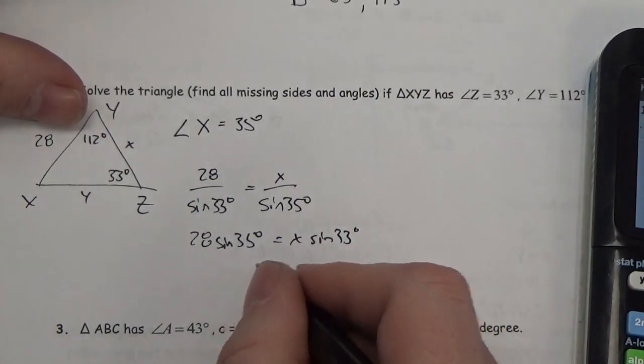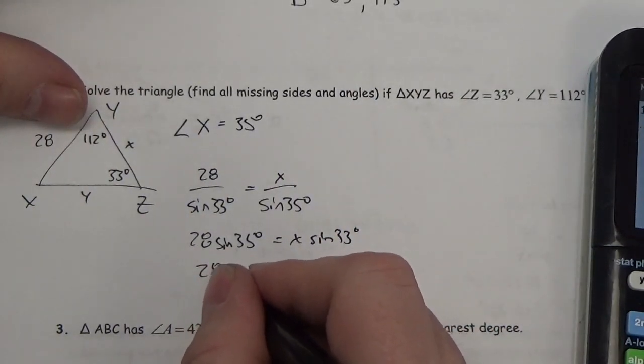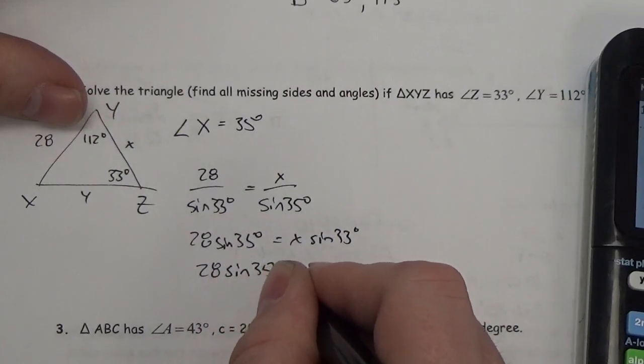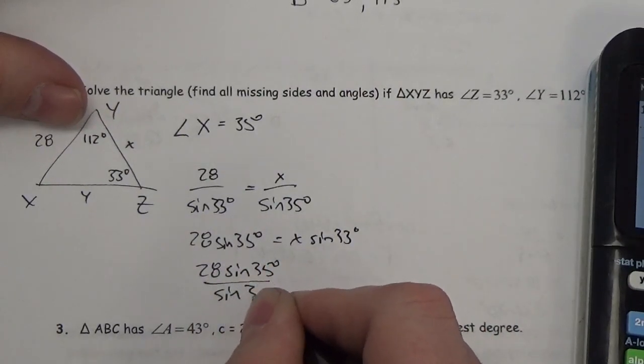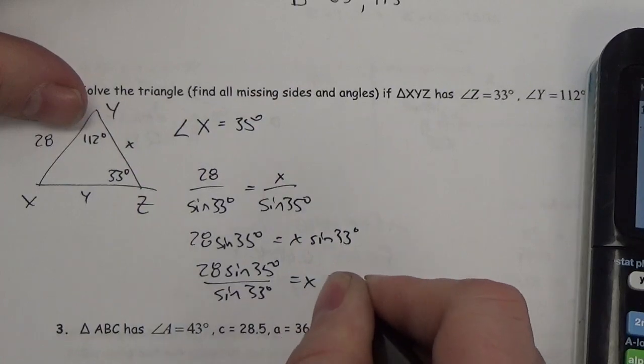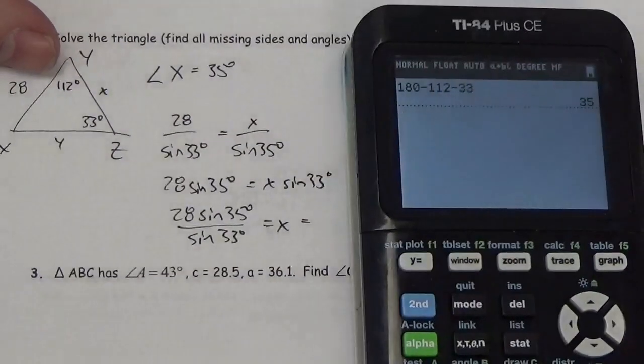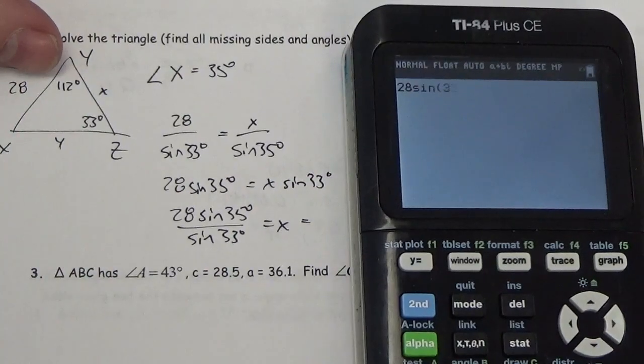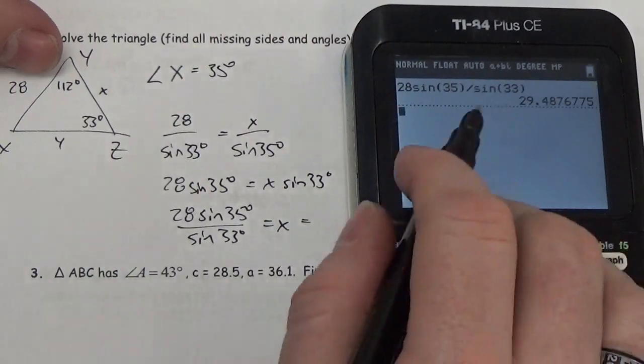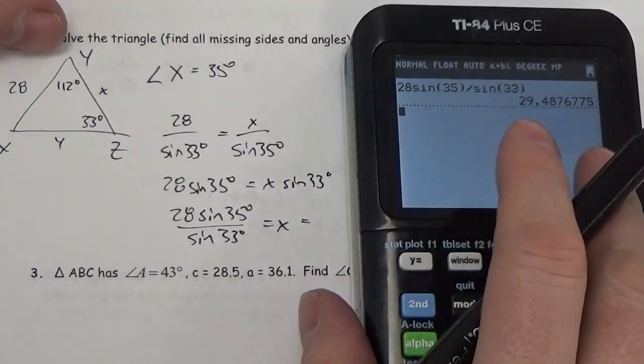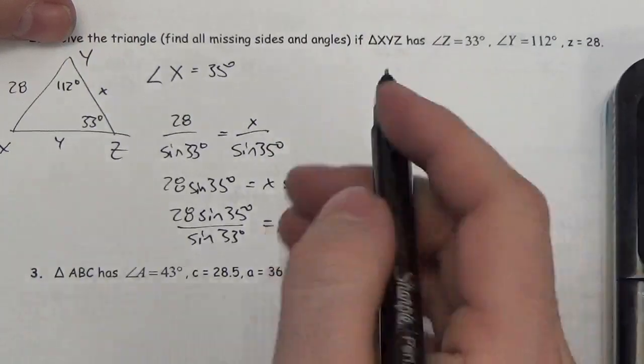I will divide, because I'm looking for x here, so it's going to be 28 sine of 35 degrees over the sine of 33 degrees is going to equal x. And I go to my calculator, so 28 sine of 35, got to make sure I close the parentheses there, divided by the sine of 33, and I get 29, and we'll round that to the nearest tenth here, 29.5.